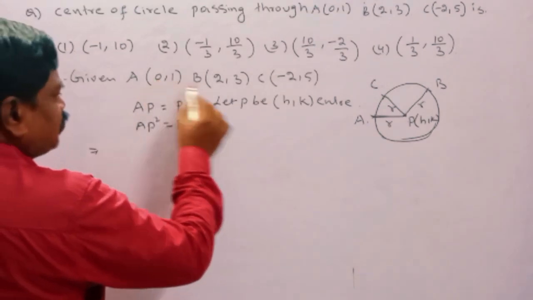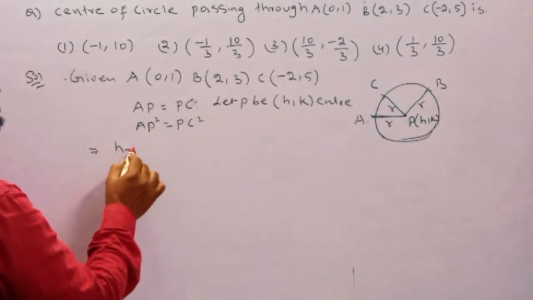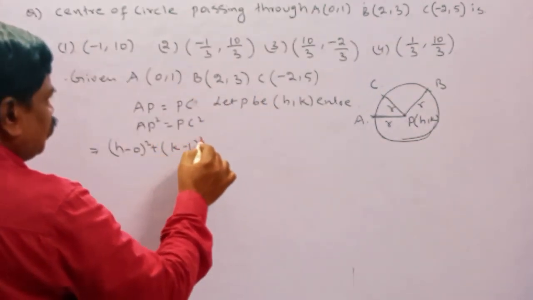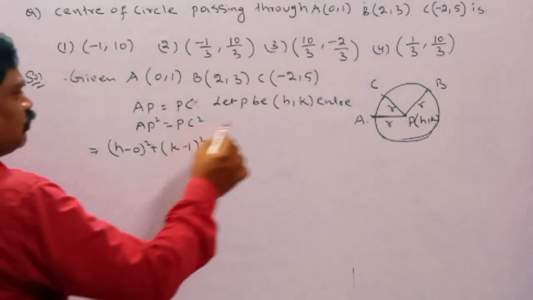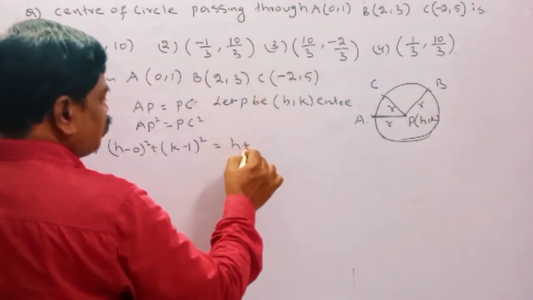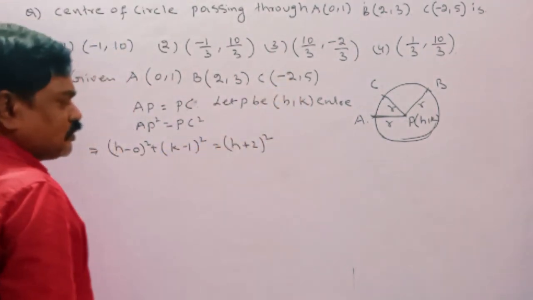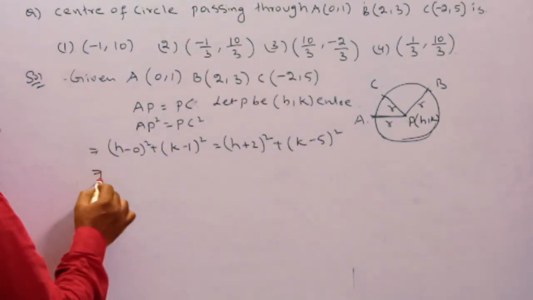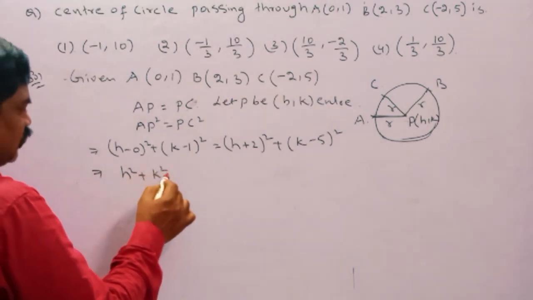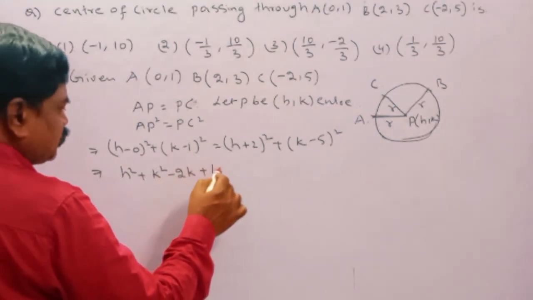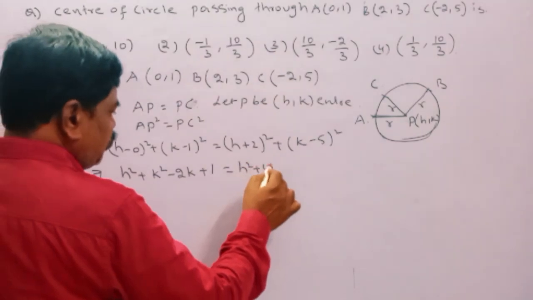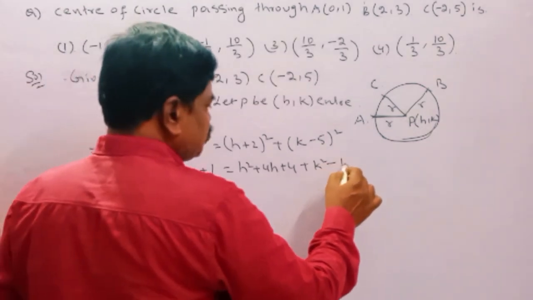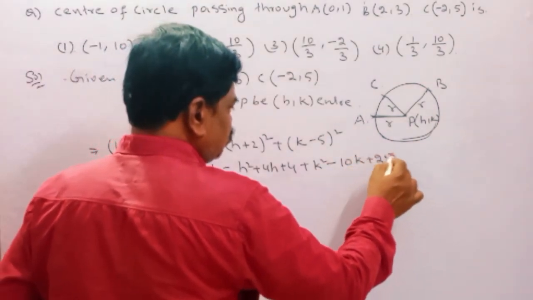So P is H comma K: (H minus 0) whole square plus (K minus 1) whole square is equal to PC square, that is (H plus 2) whole square plus (K minus 5) whole square. Then we have H square plus K square minus 2K plus 1 equal to H square plus 4H plus 4 plus K square minus 10K plus 25.